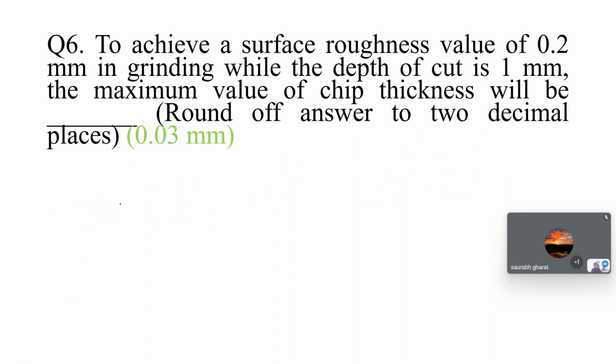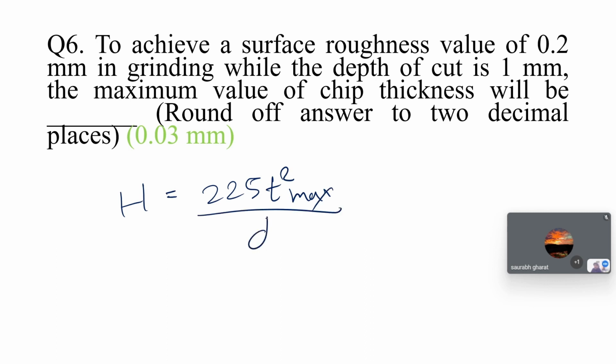So I already told you the achieved surface roughness is 0.2 in grinding. We know the formula: H is equal to 2.225 T square max divided by the depth of cut. What do we want here?